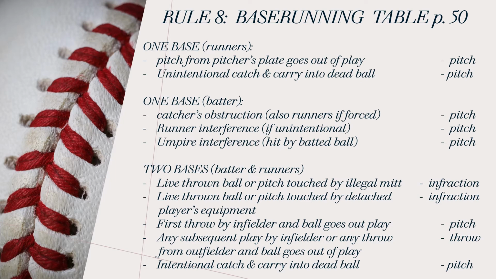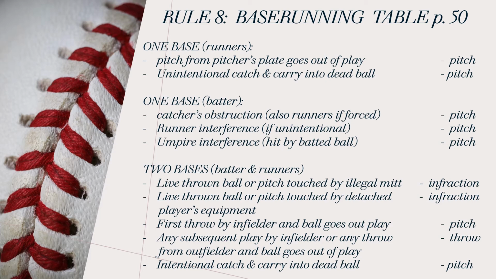Two base awards. A live thrown ball or pitch that is touched by an illegal mitt. We don't see illegal mitts often, but if we determine that a mitt is illegal, any type of glove that's illegal, and a live thrown ball or a pitched ball is touched by that illegal glove, then batter and all runners are awarded two bases from the time of the infraction.